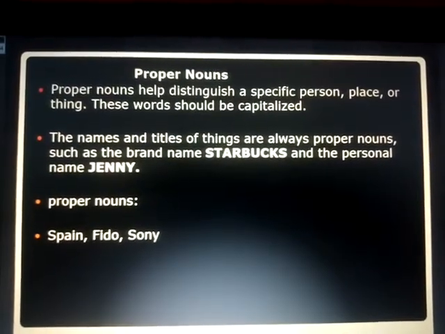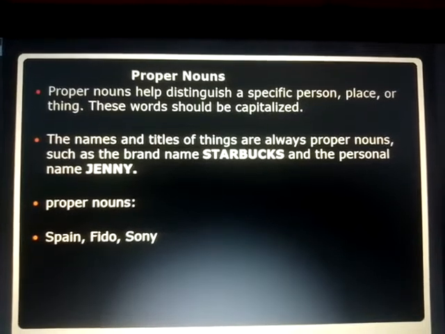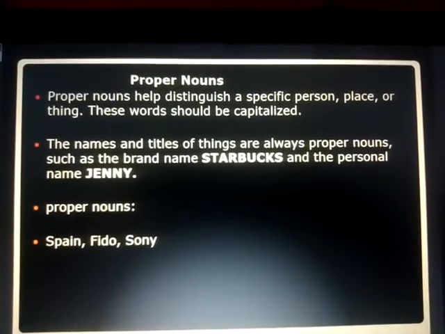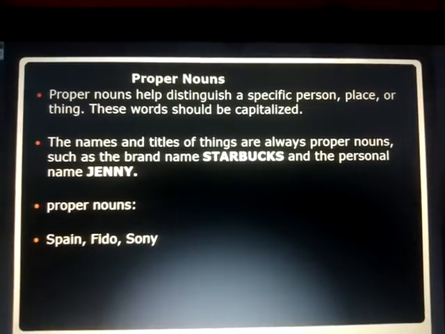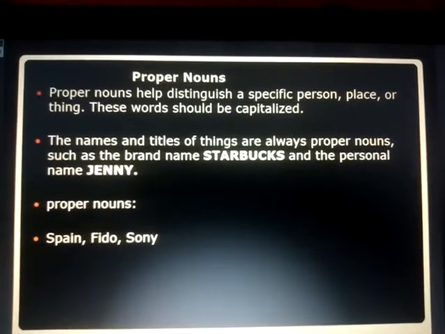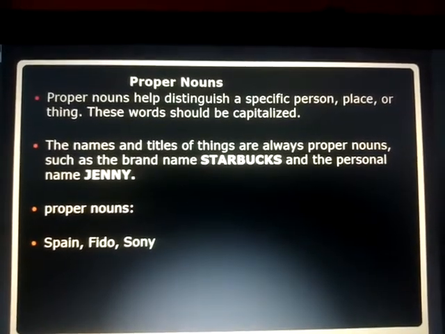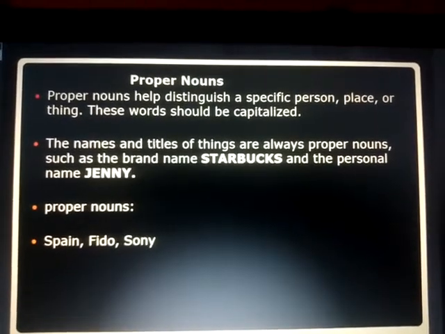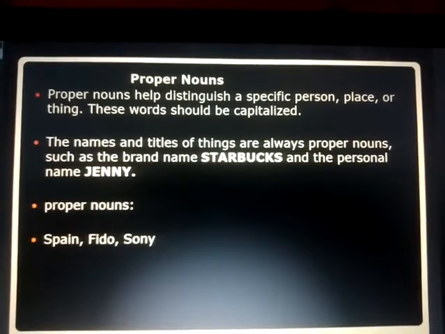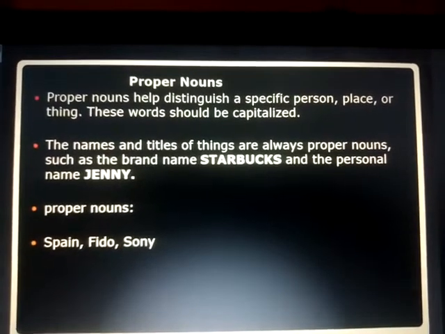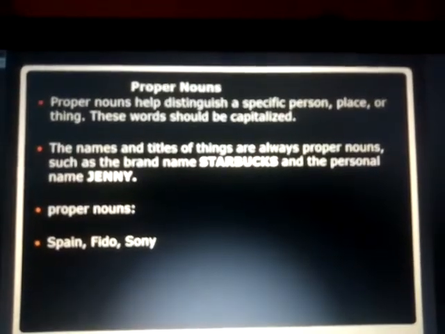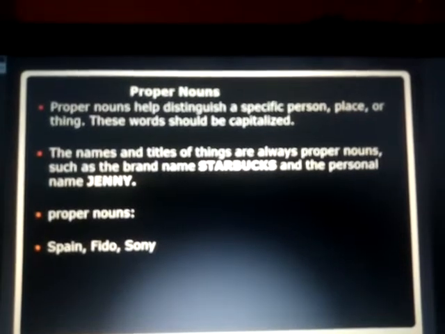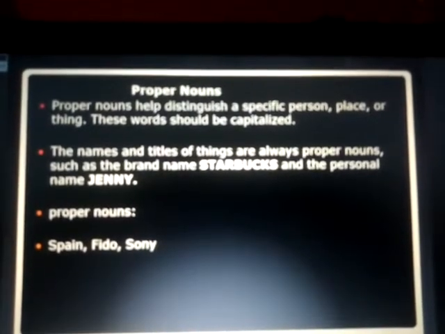Proper nouns. Proper nouns help distinguish a specific person, place, or thing. These words shall be capitalized.